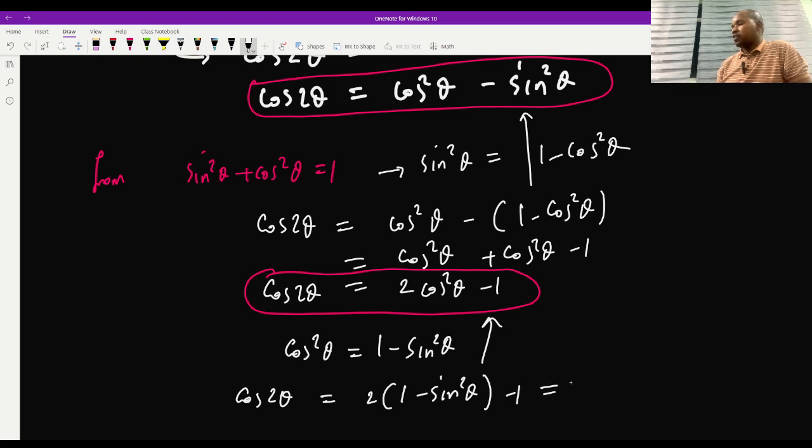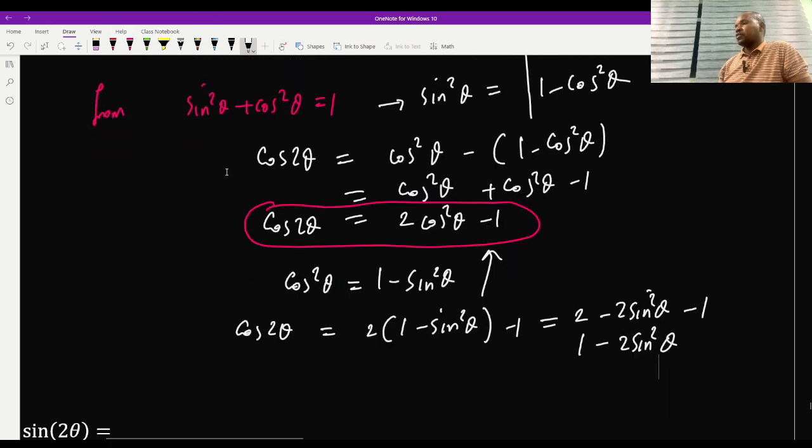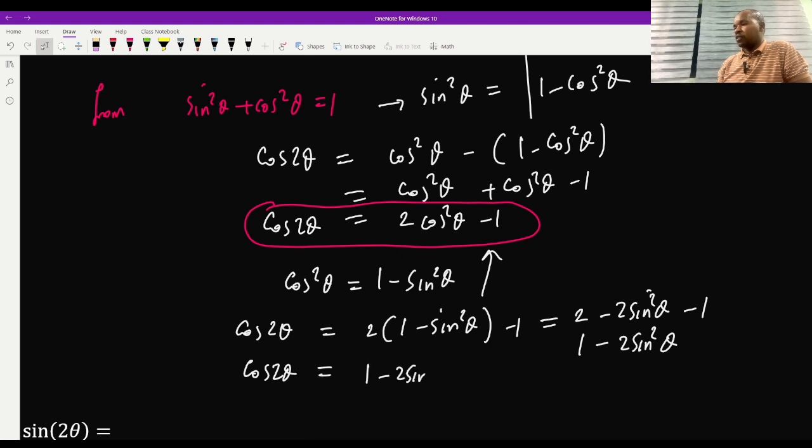This is going to be equal to 2 minus 2 sine squared theta minus 1. 2 minus 1 is going to be 1. We have 1 minus 2 sine squared theta. So to make it clear, cosine 2 theta will be 1 minus 2 sine squared theta.